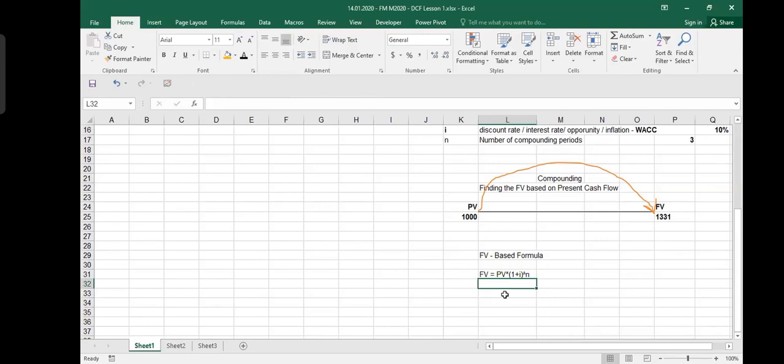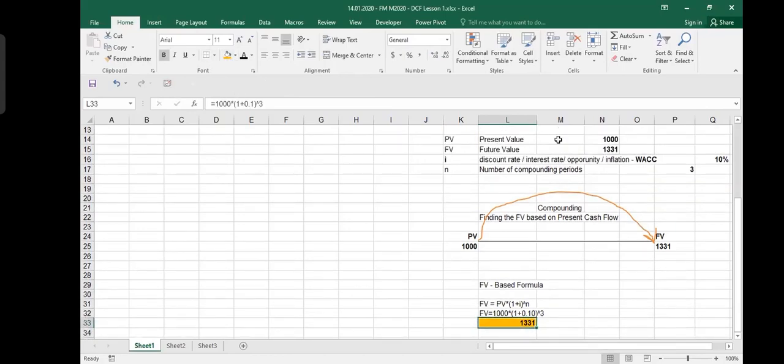So future value is equal to 1000 multiplied by 1 plus 10%. 10% I would write like 0.10, to the power 3, because in our case n is 3. And then we write down here, and you say that it is 1331.